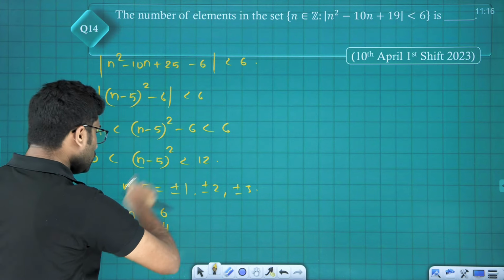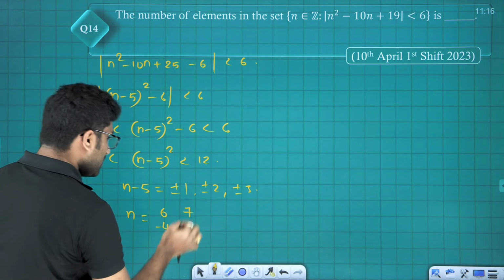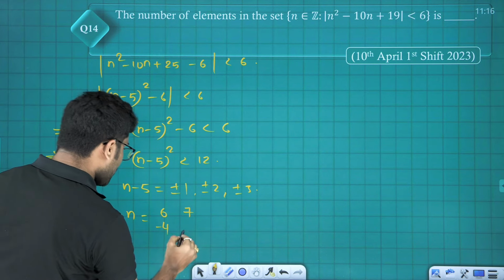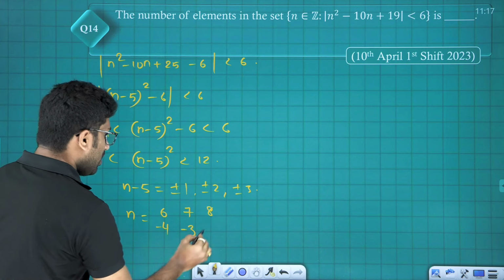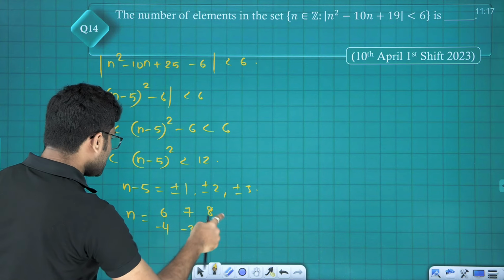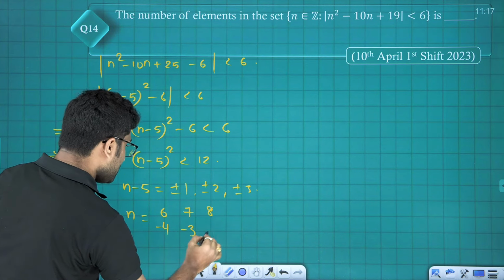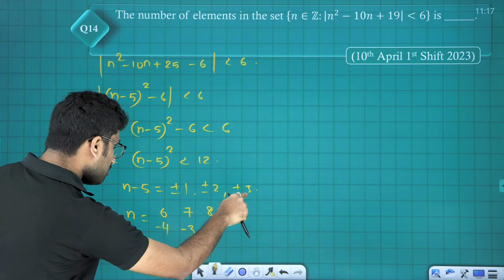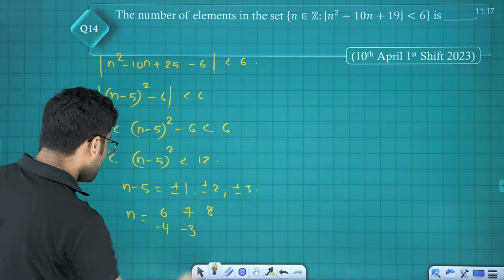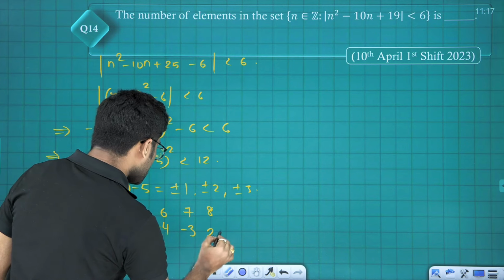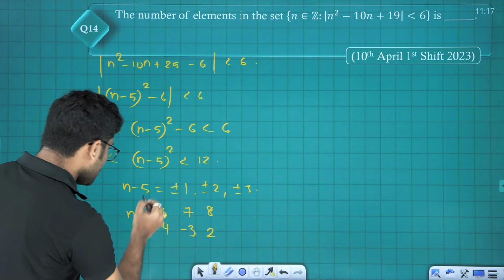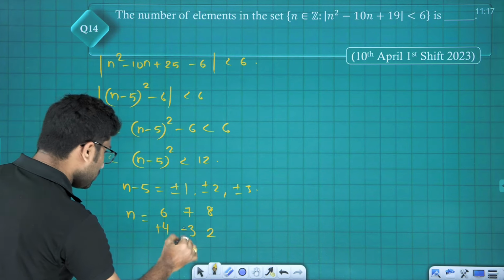Next, 2 plus 5, 7, or minus 2 plus 5 is 3. Next, 3 plus 5, 8, or minus 3 plus 5 will be plus 2. I mean, all are plus only, friends.